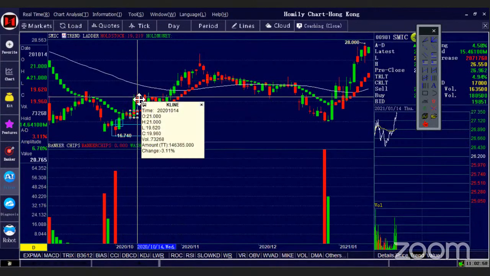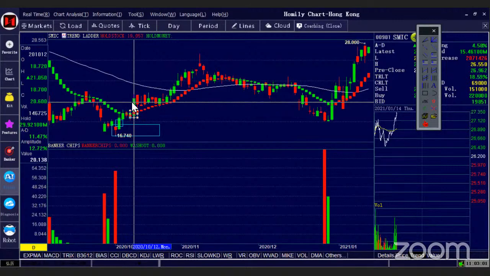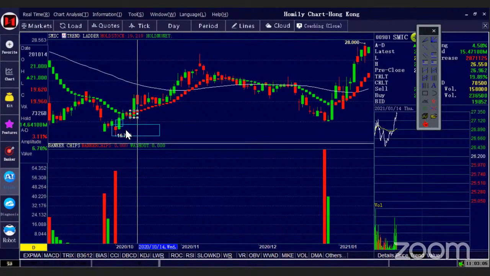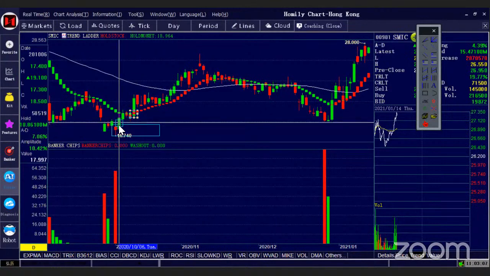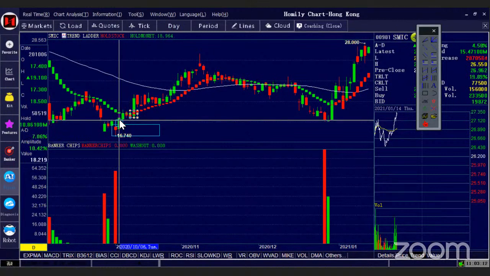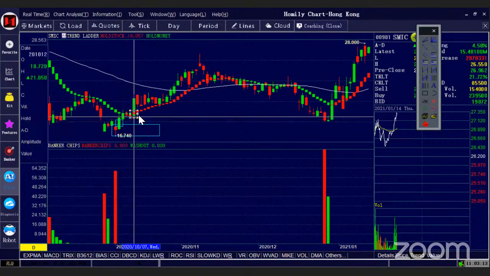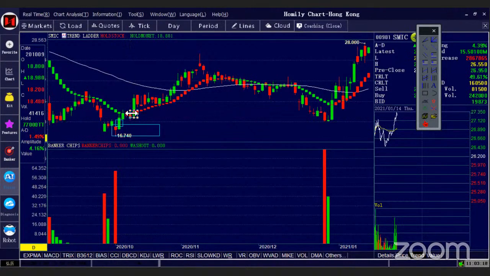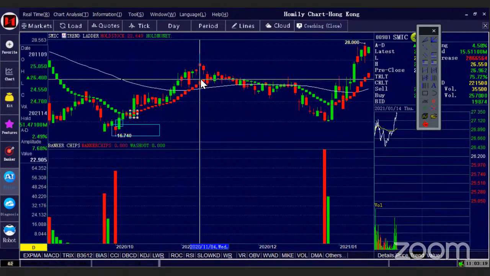If you act very slow, maybe your cost would be higher. Okay, but banker chips already told you this day already break up the banker's cost area. You can get prepared in advance so that you can act at a faster speed, so you can buy at a lower price. So this rally.